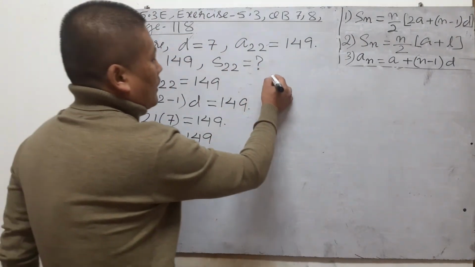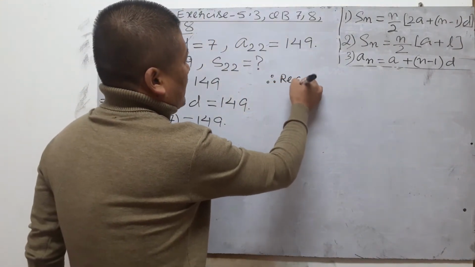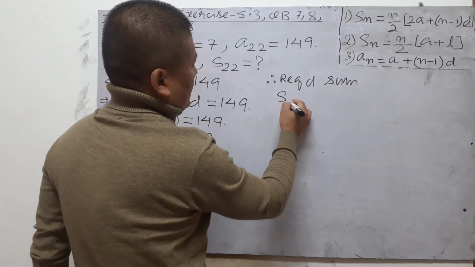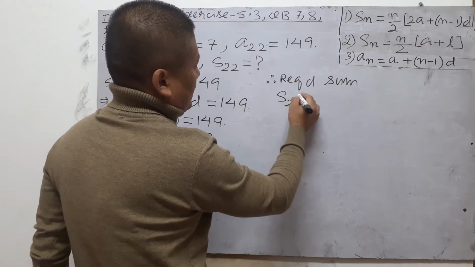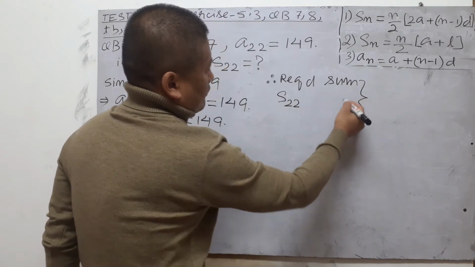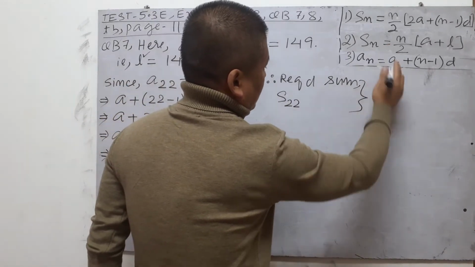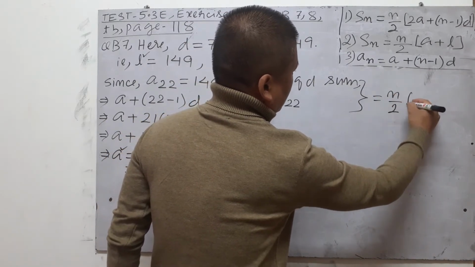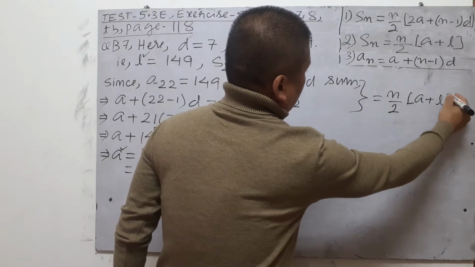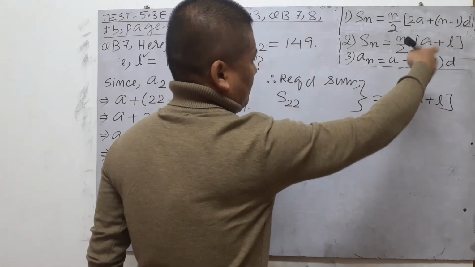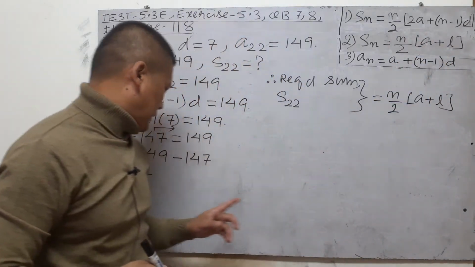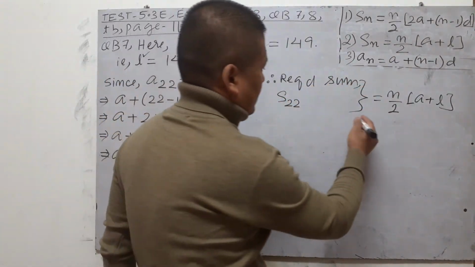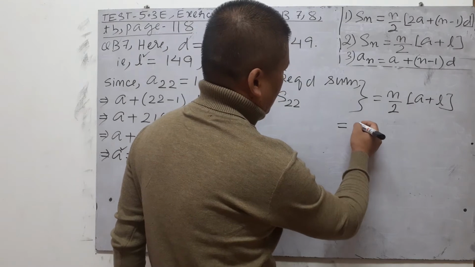Therefore, the required sum, which is actually the sum of the first 22 terms, S22, will be N by 2 into A plus L. We are using this formula because information about the first term, A equal to 2, and last term is given, so we're using the formula to find the required sum of 22 terms.